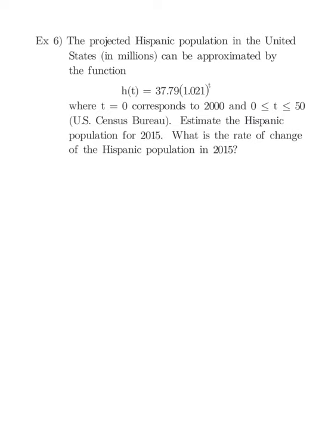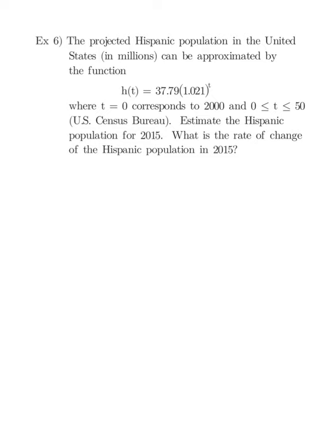Example 6 says the projected Hispanic population in the United States in millions can be approximated by the function h of t equals 37.79 times 1.021 to the t power, where t equals 0 corresponds to the year 2000, and 0 is less than or equal to t, which is less than or equal to 50.